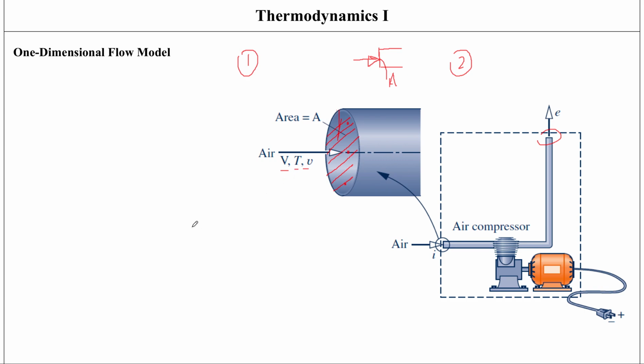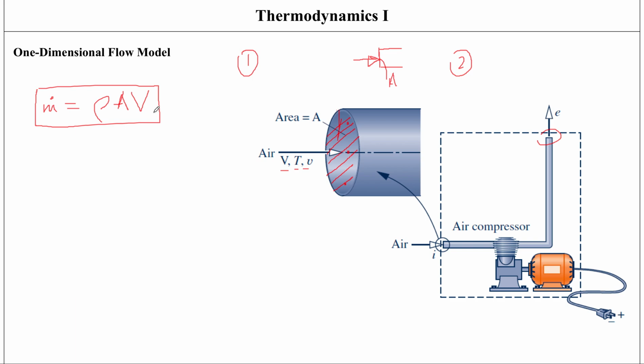So if that is the condition, then the equation that we previously saw for m dot in terms of the integral, now the area is A, so I could write it in terms of rho A v. Because the velocity has one single value, the density would have one single value as well, and the area is being represented by A. So I could write m dot as rho A v, where A is the area and v is the velocity.